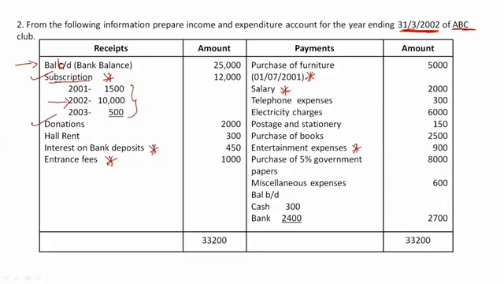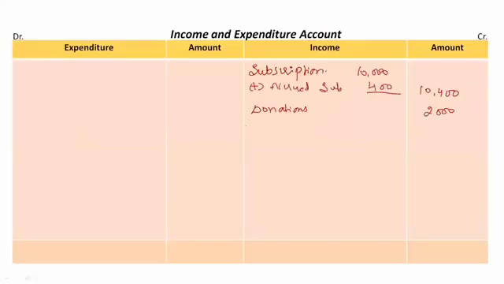These halls are given on a rental basis to outsiders by the club, so this is also a revenue income for the NPO. Rupees 300. So take it on the revenue income side, hall rent, rupees 300. Then back to the question.